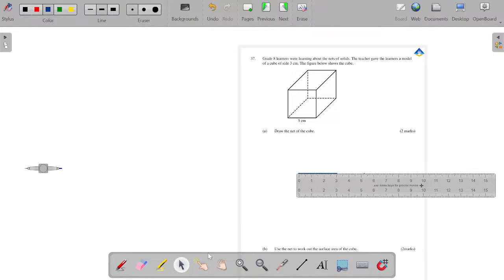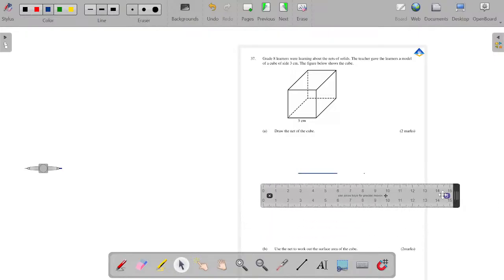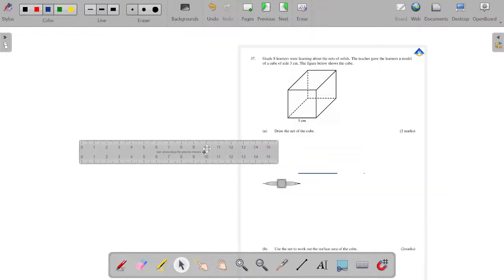We are done with that side. Let me try and measure your 3 centimeters and see. Oh, I have 3 centimeters with me there.